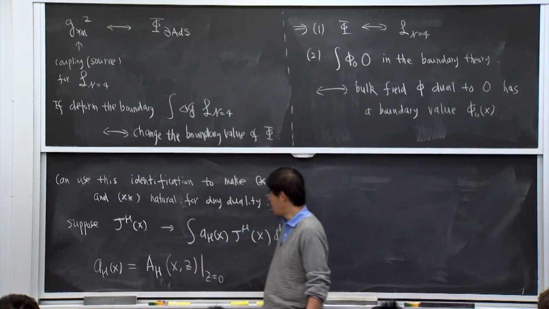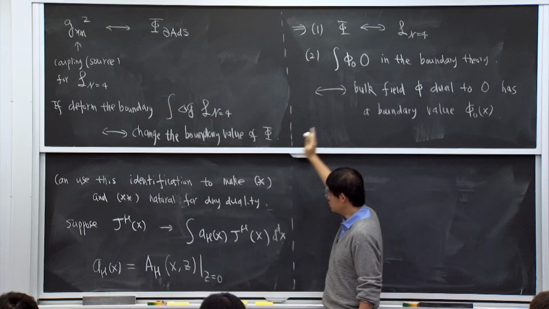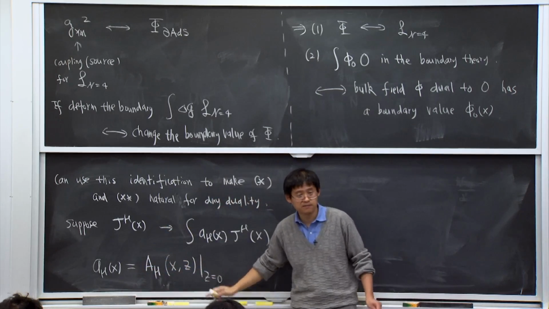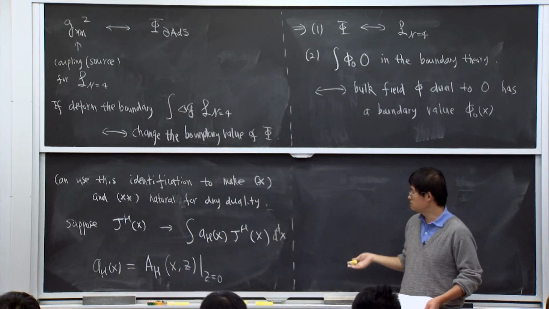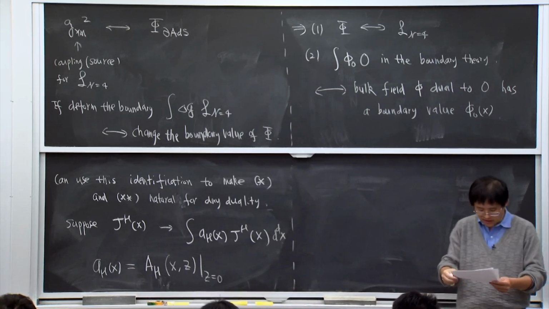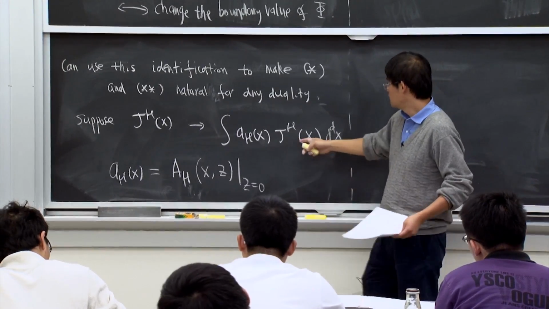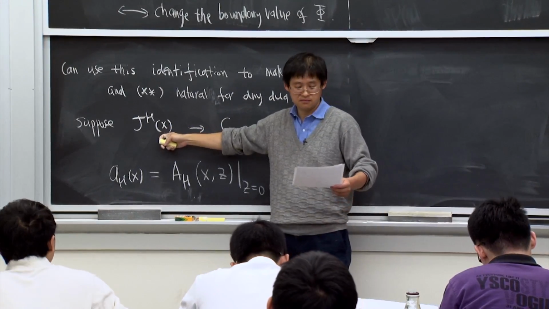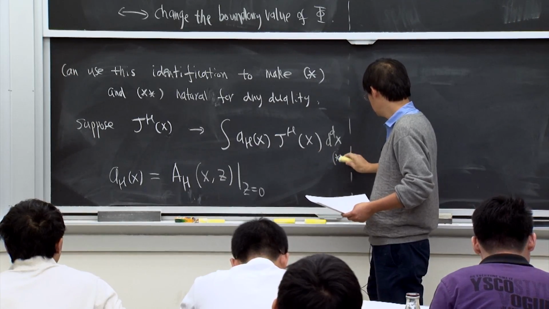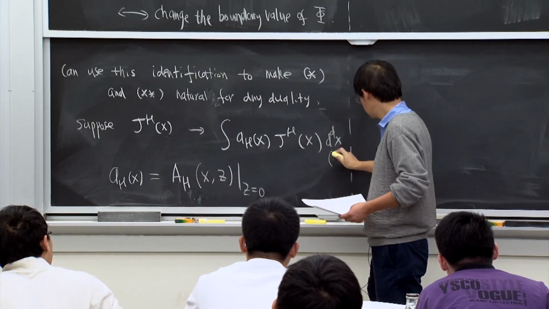So if this is true, there must exist a vector field dual to this, and this must correspond to the boundary value of that. But now we can argue why this should be a gauge field. Okay? So now I want to argue this is a gauge field. And to see this is very easy because J mu is conserved, and this coupling, let me call it star, star, star.